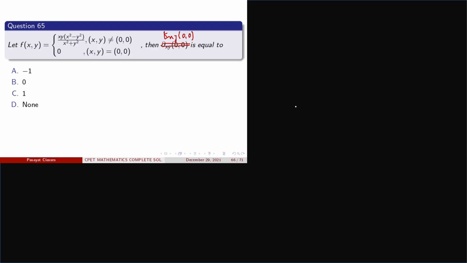Question number 65. Here we have to find f of xy, a function is given, and we have to find f of xy at the point 0 comma 0, that is f of xy at 0 comma 0, this quantity is equal to how much.